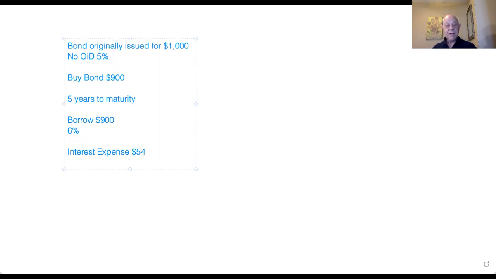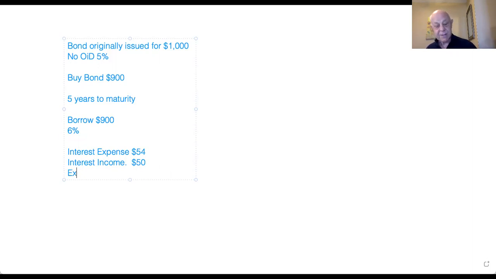And I want to know, can I deduct the entire $54? Well, we look at this and we say, how much interest income did you pick up? So my interest income is $50 because it's a 5% coupon. To the extent I have interest income, I can deduct the interest expense.